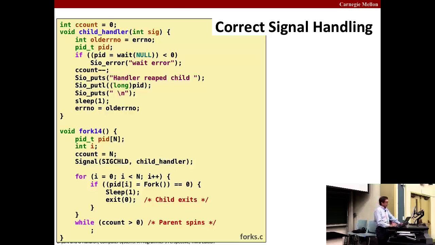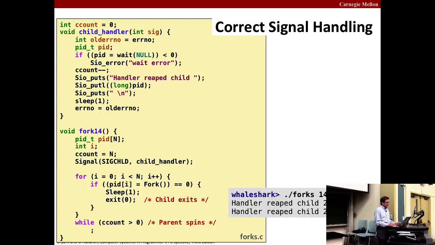So in our handler, we're going to reap that child by calling wait, and then we'll decrement ccount. Once all of the children have been reaped, ccount will be 0, and then the parent can exit this while loop. Now in this particular example, n was 5.